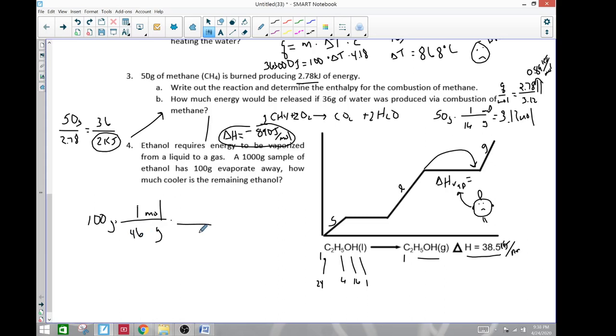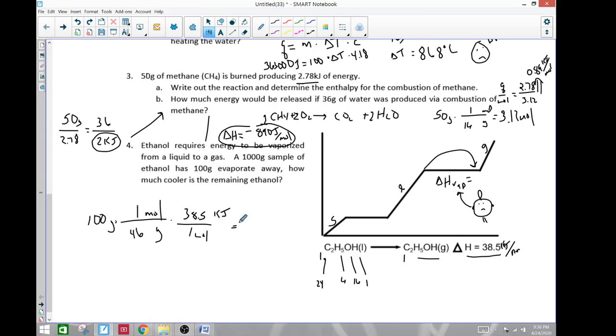And then for every 1 mole that I'm converting, I am going to be requiring 38.5 kilojoules of energy.